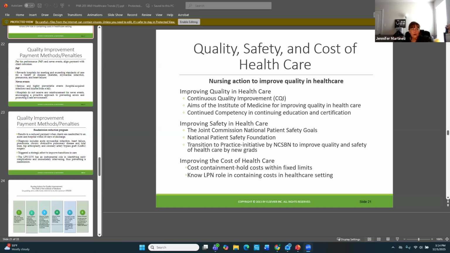Same thing within the home care environment, helping them prevent falling, identifying those safety risks within the home health or the home care environment.